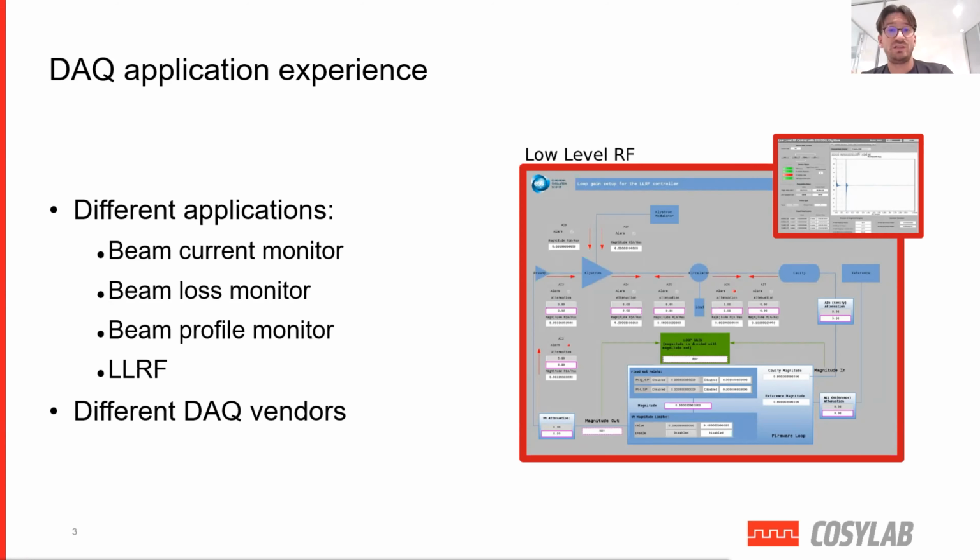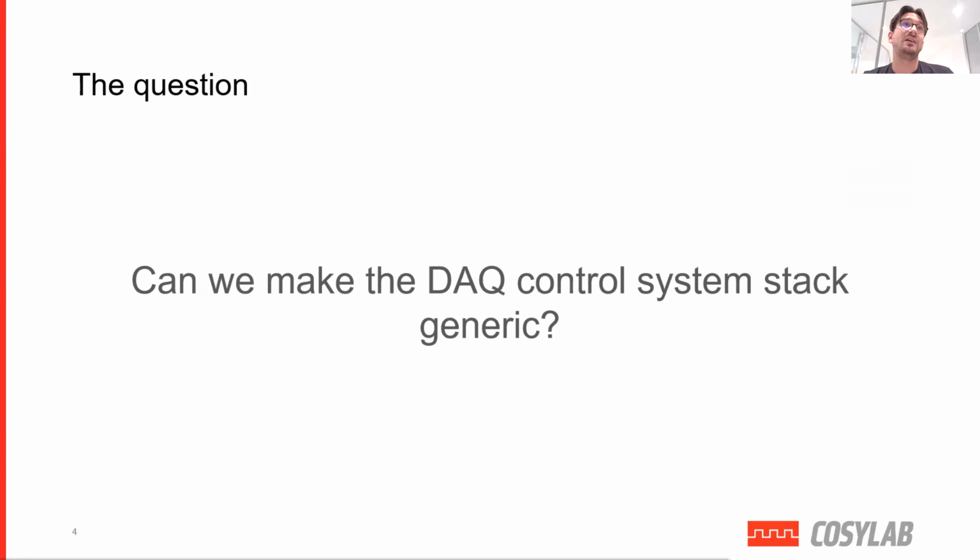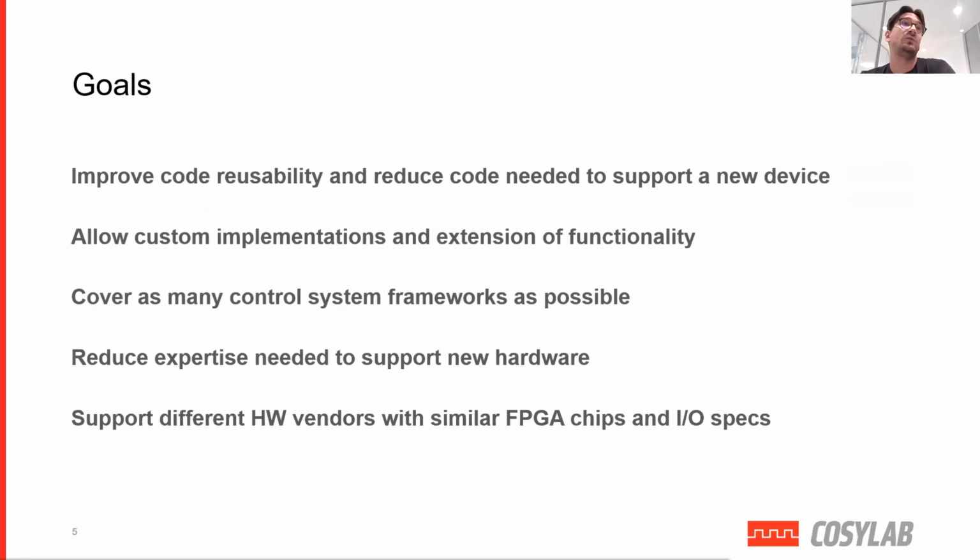This gave us an idea, and we posed ourselves a question: can we make a generic control system stack that would cover this core functionality, but also allow users to add customizations for specific use cases? Our goals were, of course, to improve code reusability and reduce the code needed to support new devices without sacrificing the ability to extend the functionality for custom use cases.